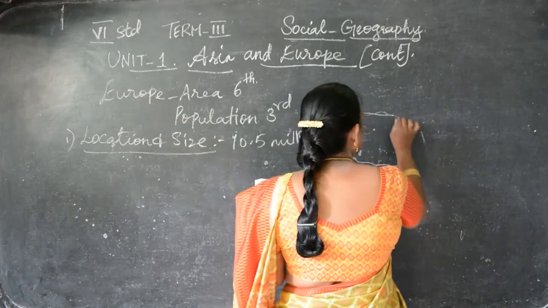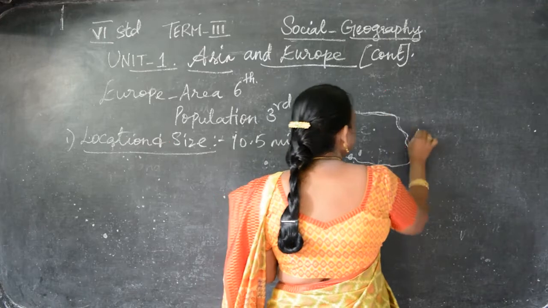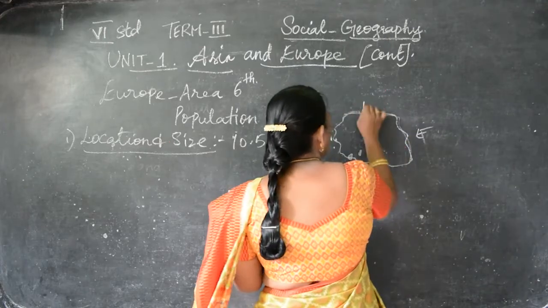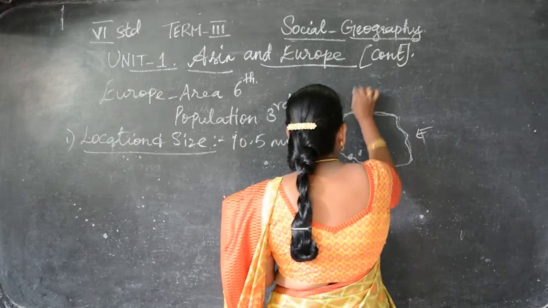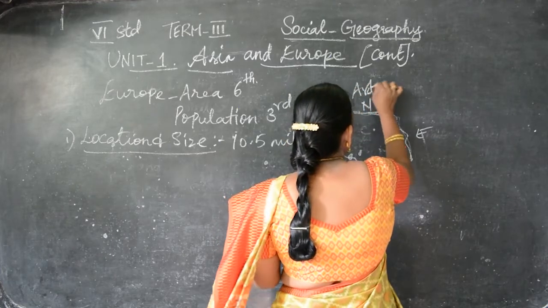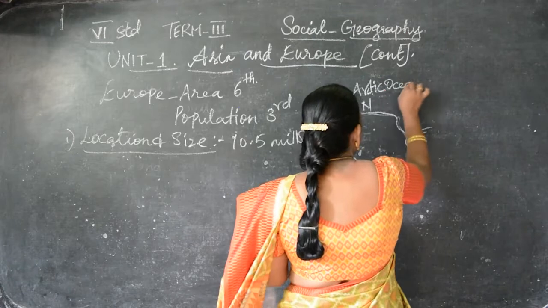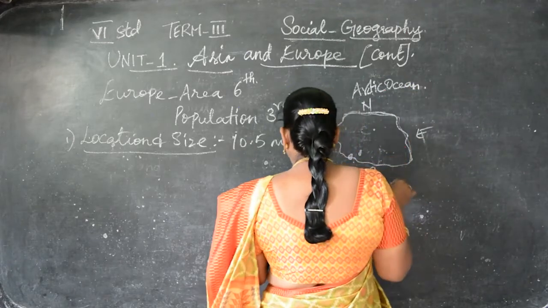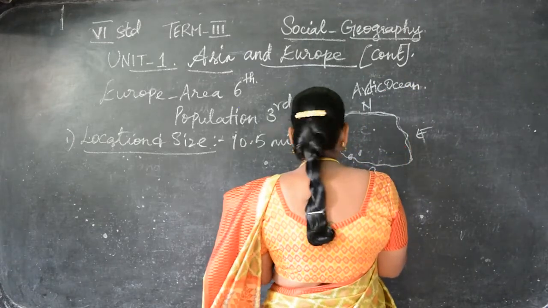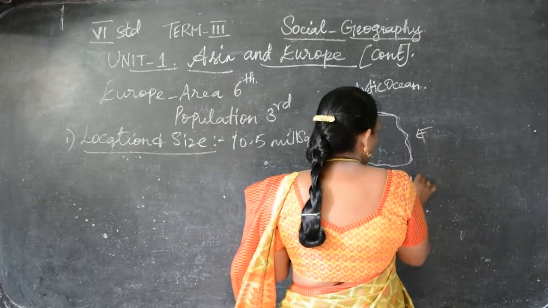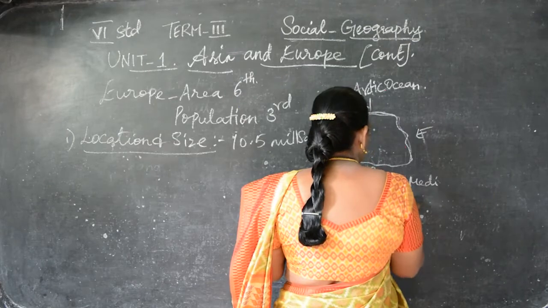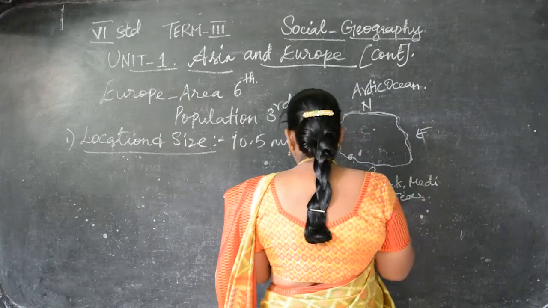This is Europe. Here is east and west, north and south. In the north you have the Arctic Ocean, and the Black Sea and Mediterranean Sea in the south. These two seas are in the south.